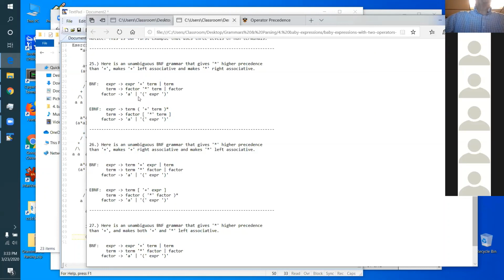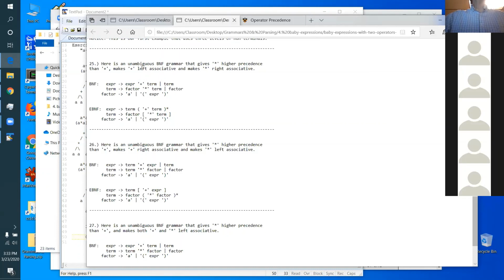If we think about addition and multiplication, this one makes addition left associative, and multiplication, the term, is right associative. So multiplication is right recursive. Usually we would want addition and multiplication both to be left associative.